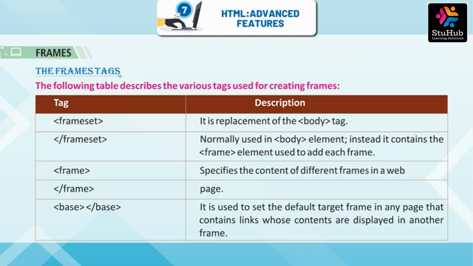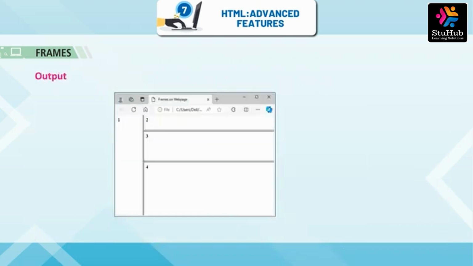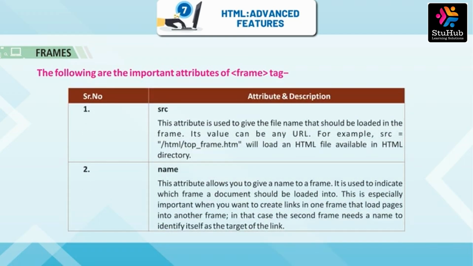Open base tag, close base tag: it is used to set the default target frame in any page that contains links whose contents are displayed in another frame. Code example. The following are the important attributes of the frame tag: serial number, attribute and description.